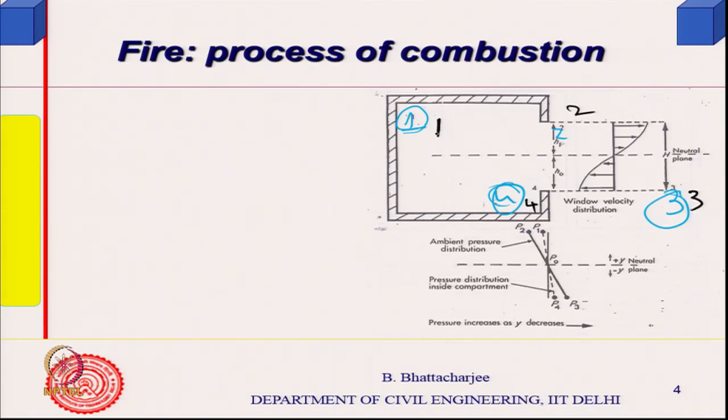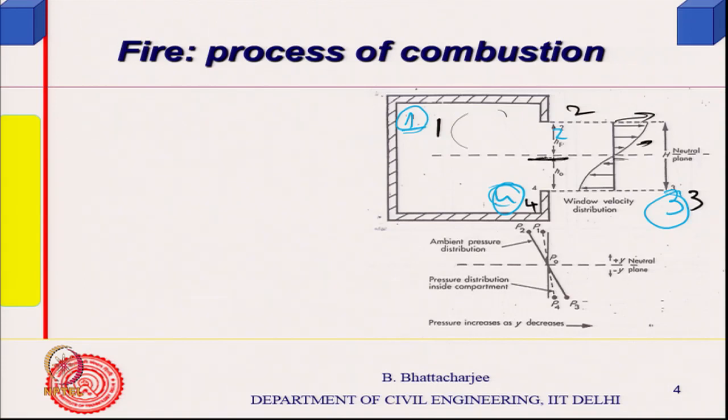Basically the direction of the flow is like this. Just outside point 2 there are hot gases, so there should be a flow along this direction. So this will be the pressure diagram, or even relative pressure or velocity, with the pressure being 0 at the neutral plane.